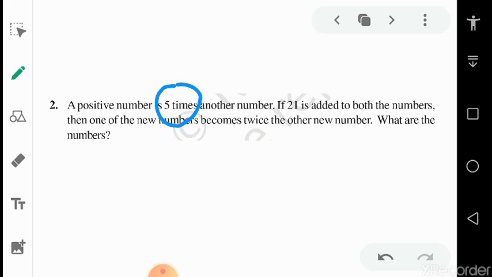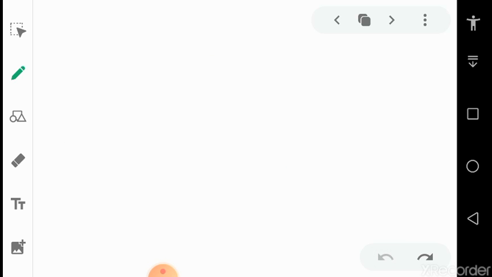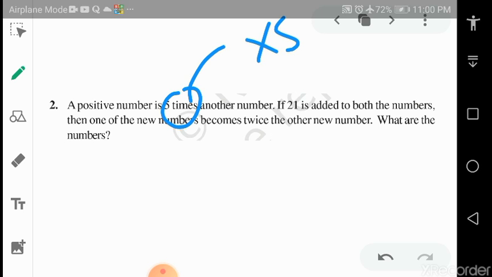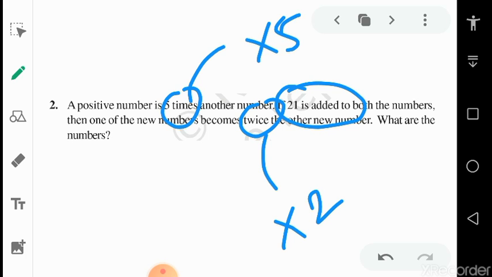Here two things. 5 times means multiply by 5, and twice means multiply by 2. Okay, again see carefully. 5 times means multiply by 5 if a number is given, and twice means multiply by 2 whatever the number is. Okay, now 21 is added means simply we have to add 21.